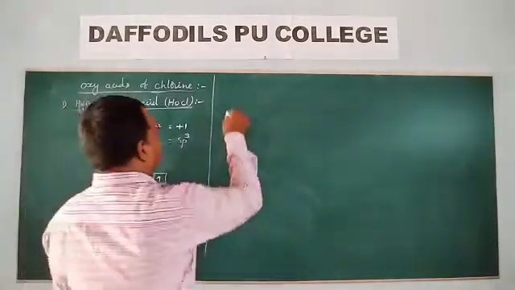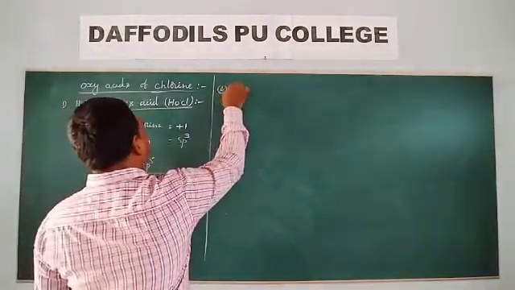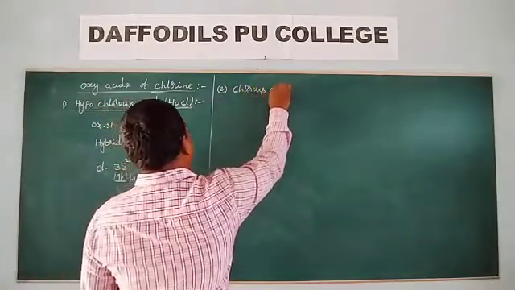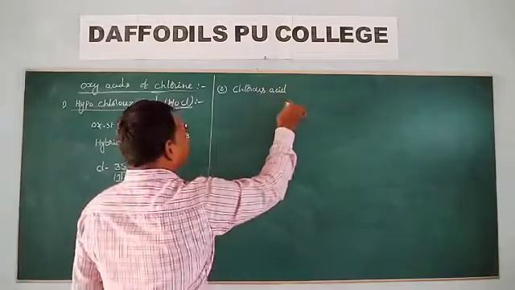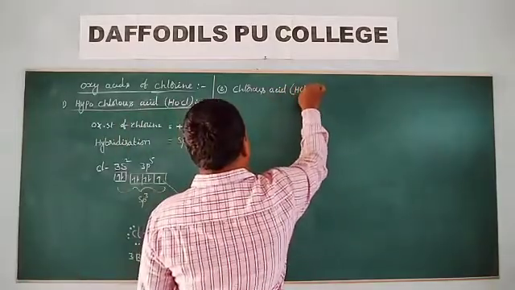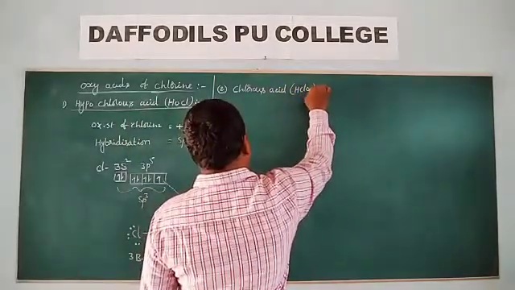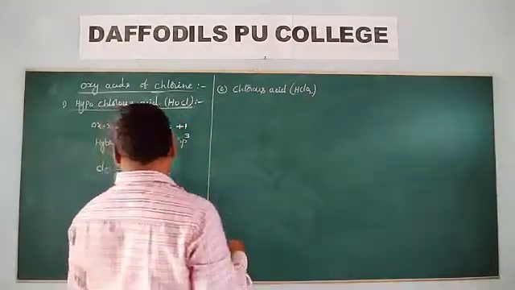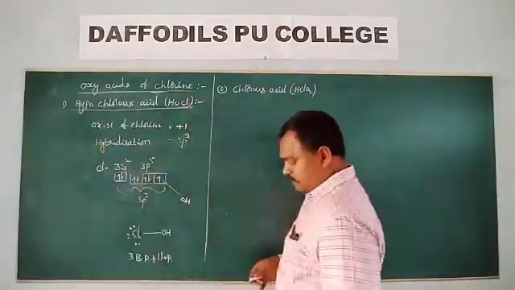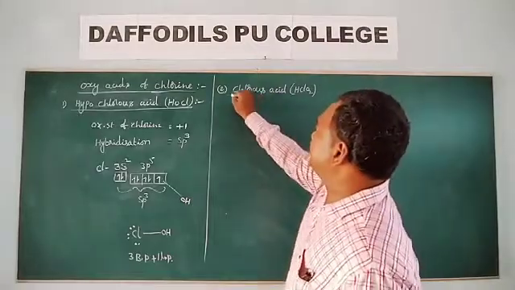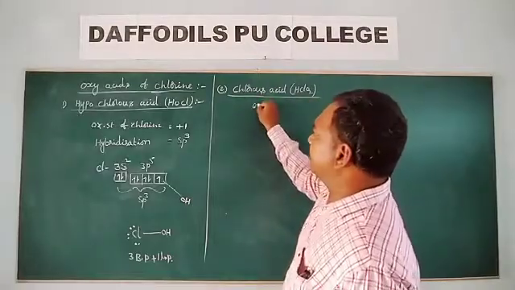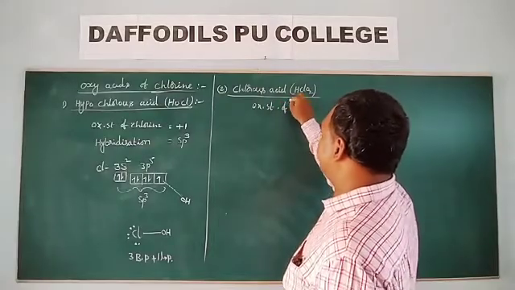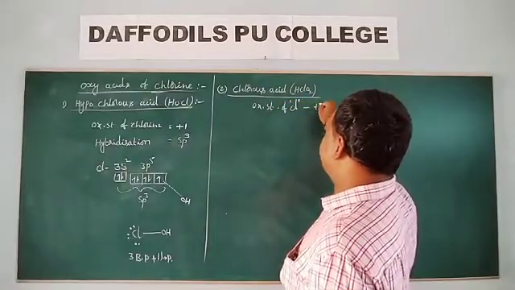Now come to chlorous acid. Its formula is HClO2. The oxidation state of chlorine is +3.